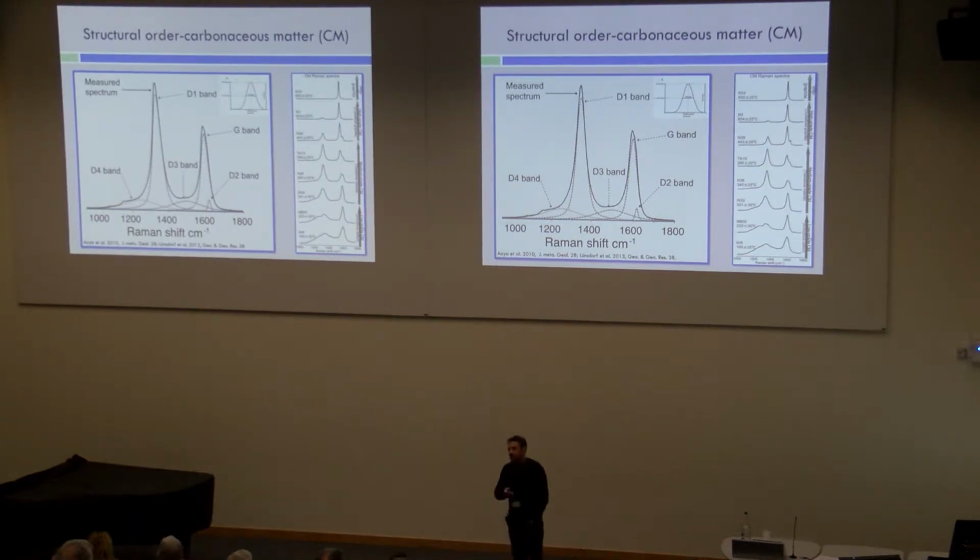So what does the carbon spectra actually look like under Raman? You'll see two peaks, the D and the G. The G stands for graphite and the D stands for disorder. So if you heat carbon up to like 650 degrees or something, cook it, it becomes very ordered, very structurally intact, and you get the one peak, which is the G peak.